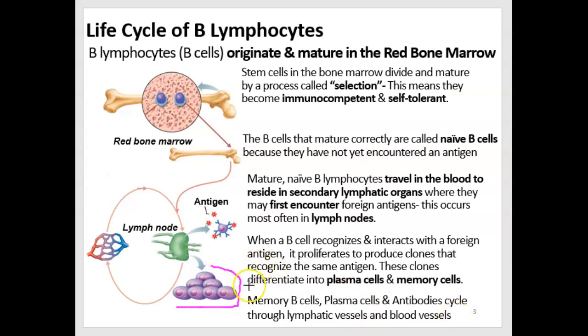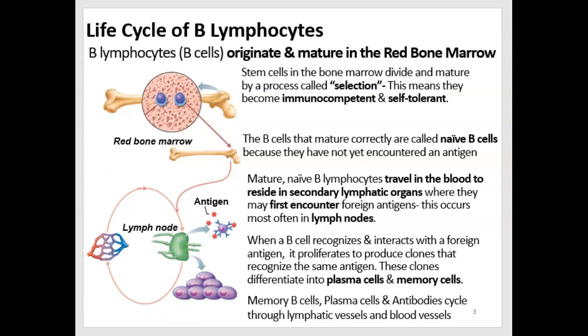But some of those clone cells become memory cells. And these memory B cells and plasma cells, as well as the antibodies made by the plasma cells, then can cycle from the secondary lymphatic organ either into lymphatic vessels or blood vessels, and they'll often circulate between the two. So you can find them in both the blood and the lymphatic fluid.